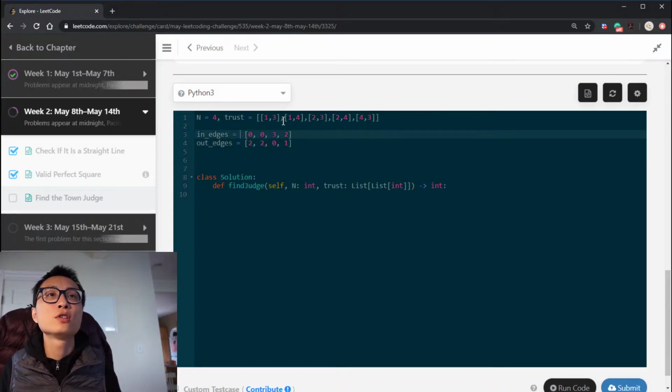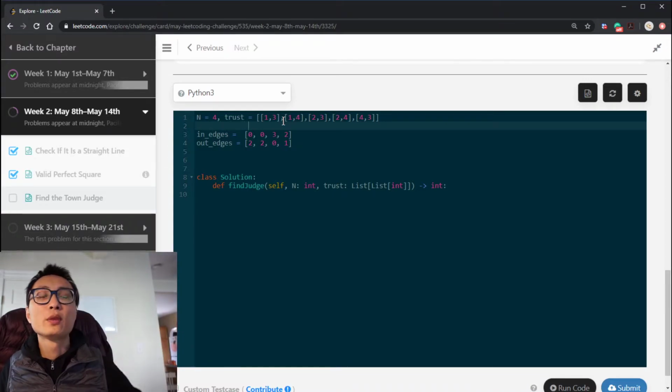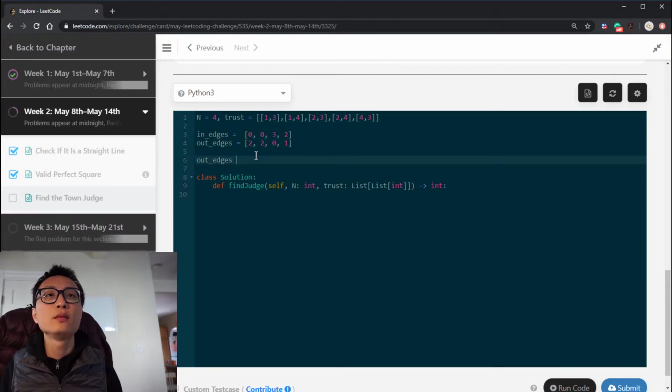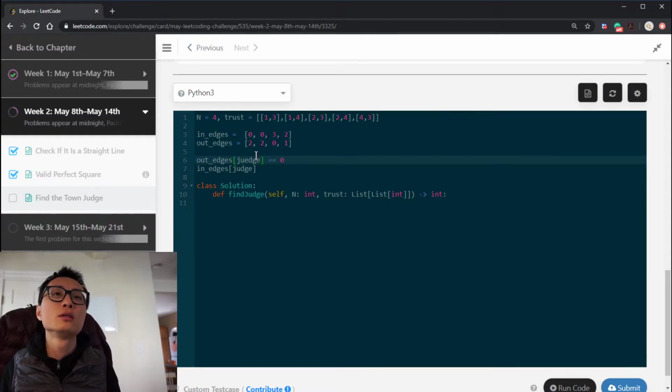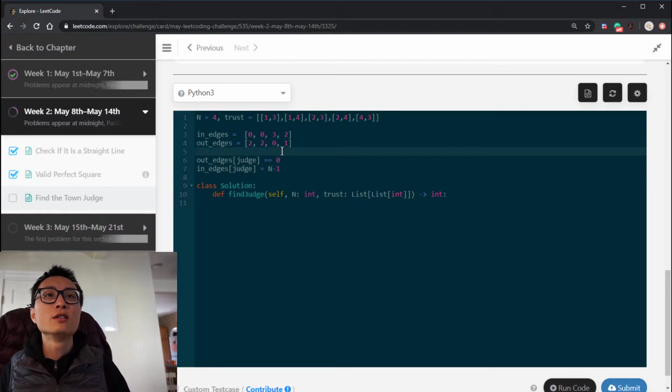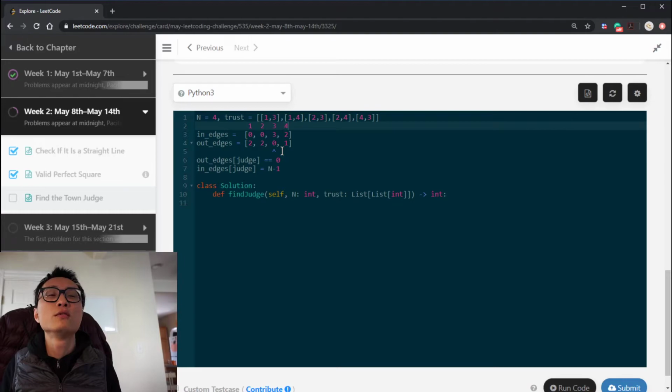Then looking person by person, we find the judge should be the one that trusts nobody, so out edge equal to 0, and in edge, just call it judge, should be n-1. So we find this is the person here. This is person 1, person 2, person 3, person 4.